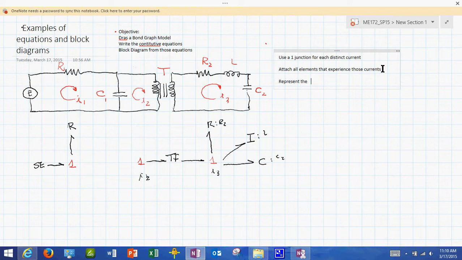Represent the current differences with zero junctions, and then attach the elements that experience those differences.